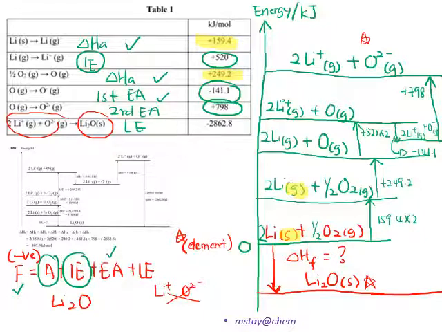Basically again we will use the arrow to show the negative sign over here. So this one, the energy is negative 2862.8. Maybe I need to erase this one. So again, from here, it will be going down, and the value over here is negative 2862.8.